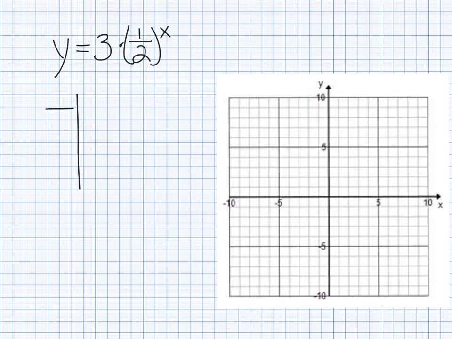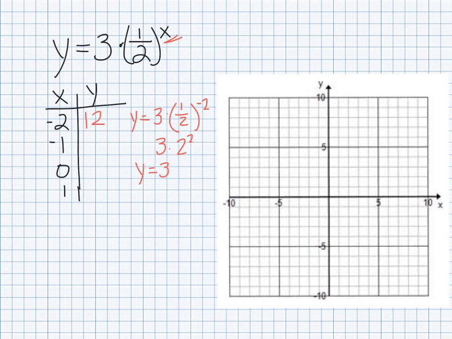Again, I'm going to make an x and y table with -2, -1, 0, and 1. For each of these, I plug in the x. So y equals 3 times 1/2 to the -2. That's the same as 3 times 2 squared, because we move that up. That's 3 times 4, which is 12.